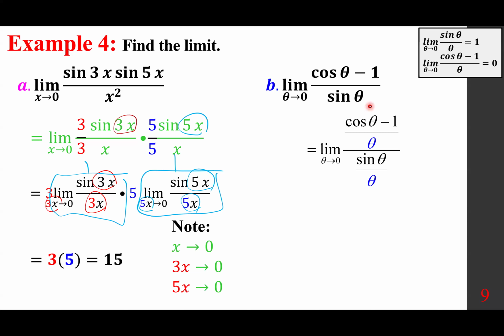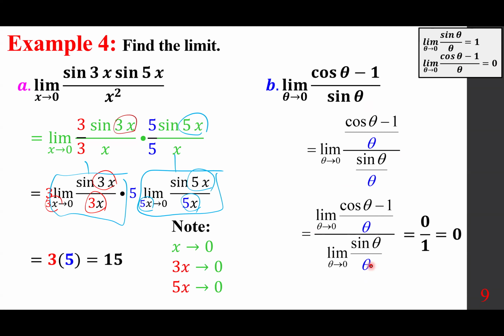Let's separate them into two different limits, the top and the bottom. And now this piece, according to this one, is 0, and the bottom, according to this one, must be 1. 0 over 1 is equal to 0.